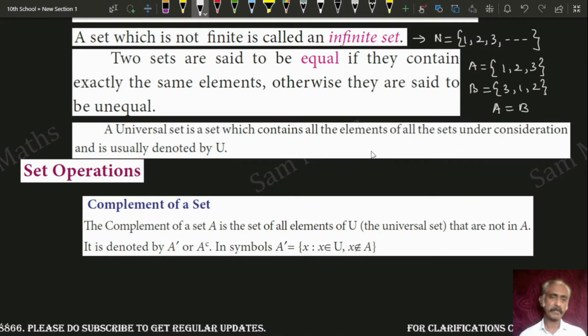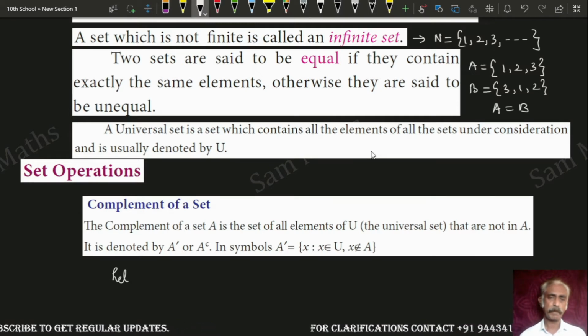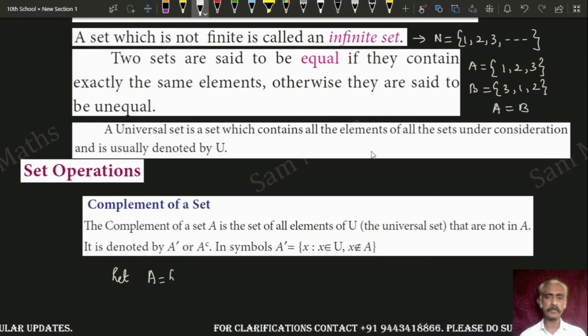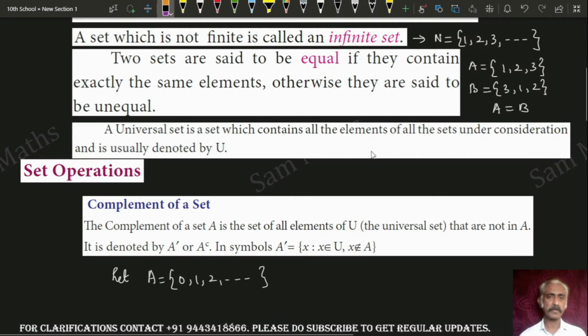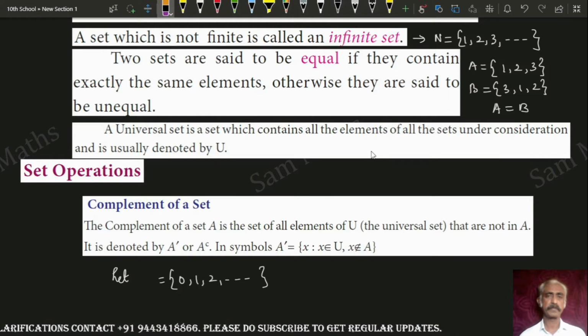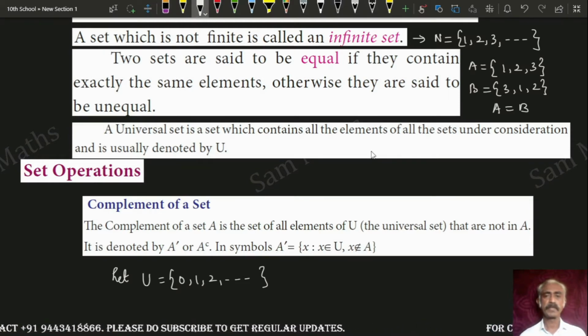Just let me give one example. Let the set U be equal to 0, 1, 2, etc. Okay, children? I'll take this as the universal set. This is the universal set.